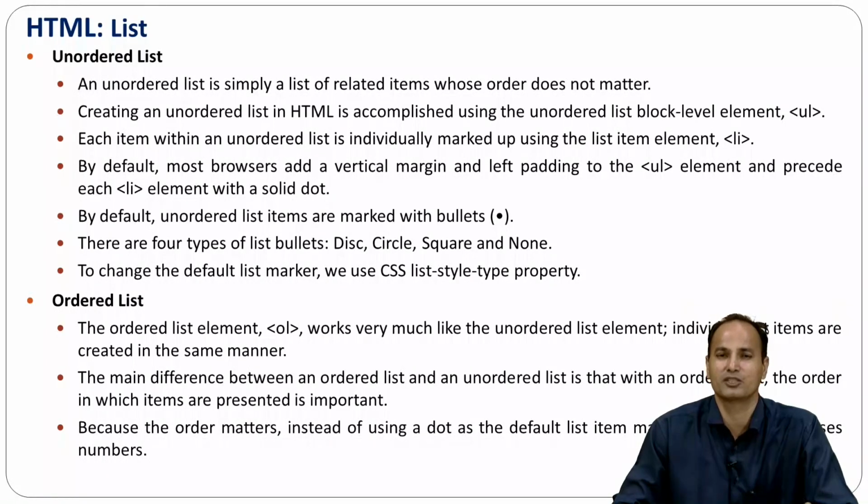There are 4 types of list bullets. One is disk, second is circle, third is square, and at last none, that is, no symbol is going to be displayed.